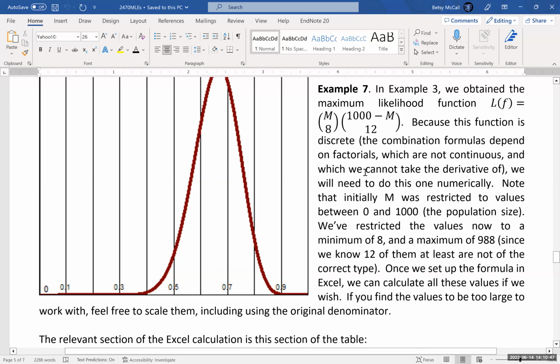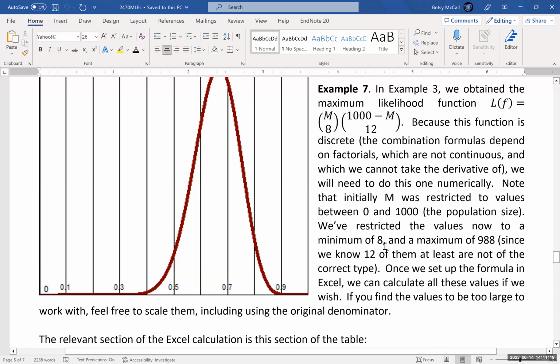We know that M has to be restricted between values of 0 and 1,000 because there's only 1,000 in the population. Our combination formula can't have this be negative. We also know that M can't be smaller than 8, because this would not make any sense if M was 4, because the larger number always has to be bigger.